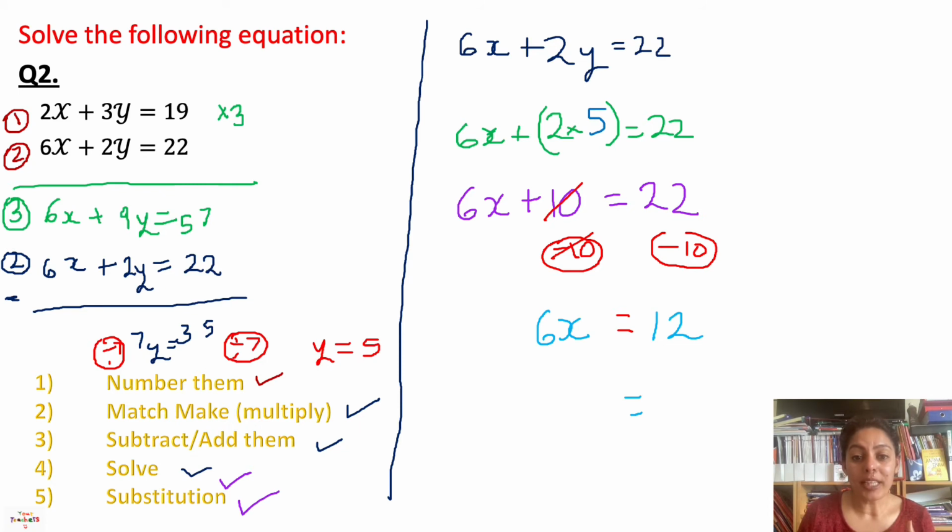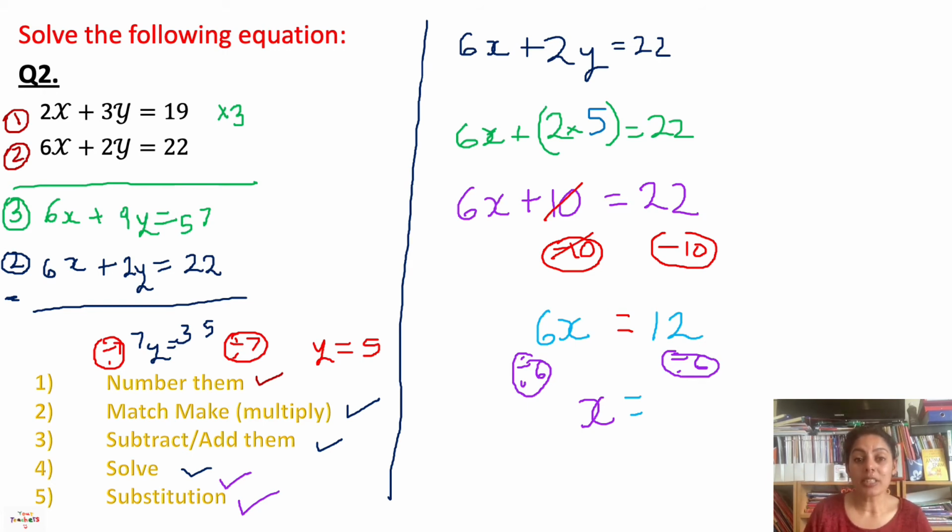What do I do next, folks? I've got to divide by 6, and I'm going to divide by 6 on this side. So 6 divided by 6 is going to leave x on its own, because a variable, any letter on its own, just means 1.